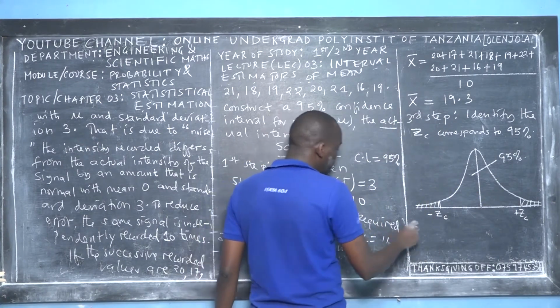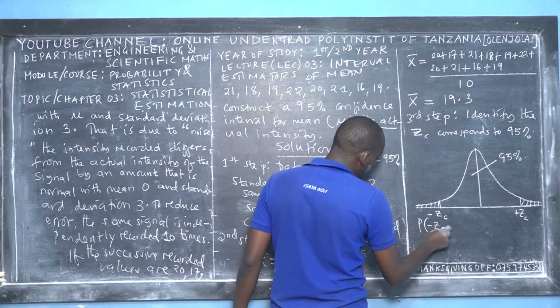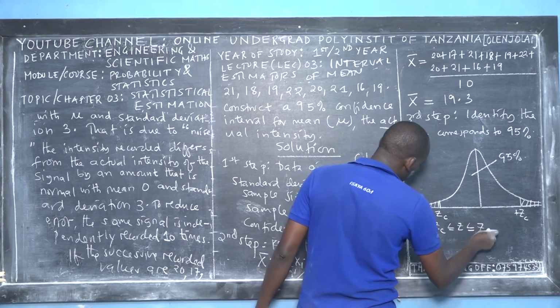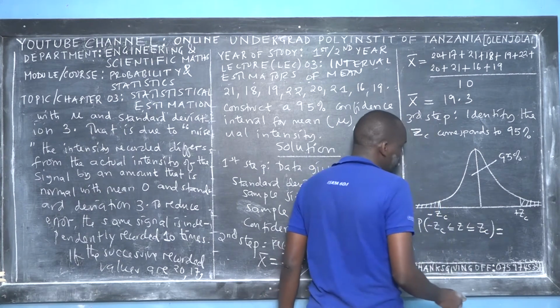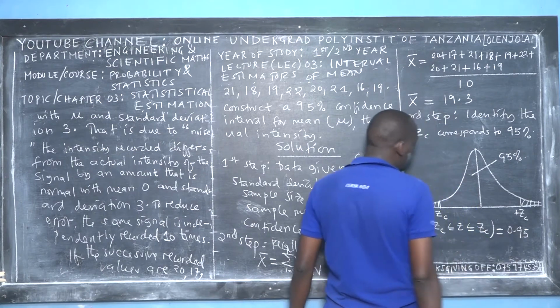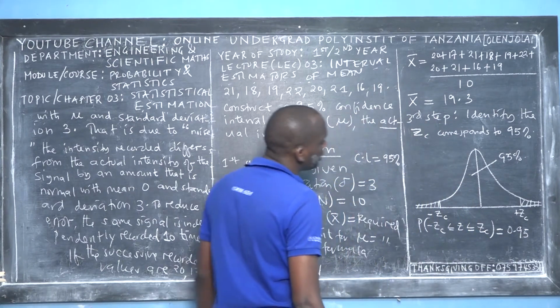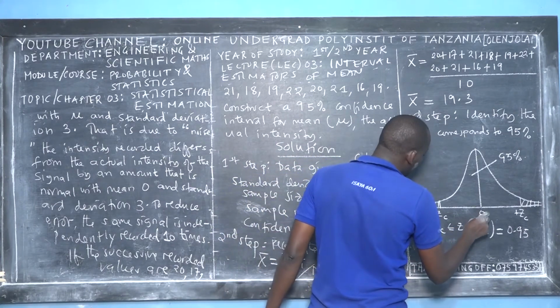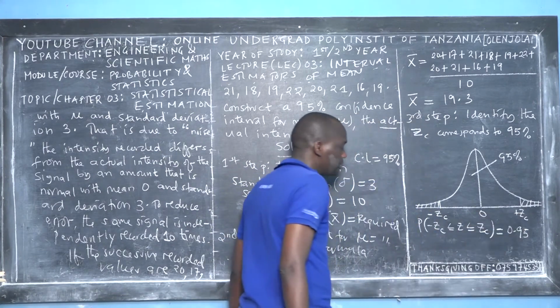So from the table, the probability of negative Zc less than or equal to Z less than or equal to positive Zc is equal to 0.95. We want to use the standard normal distribution table, which only gives us values from 0 to positive Zc.